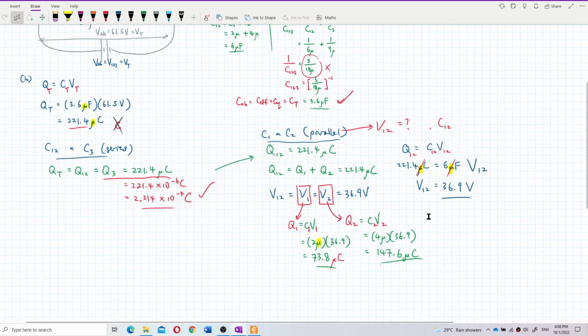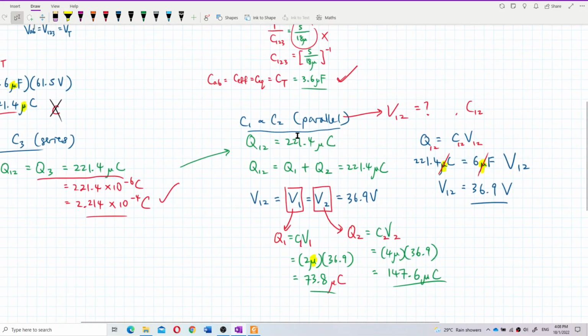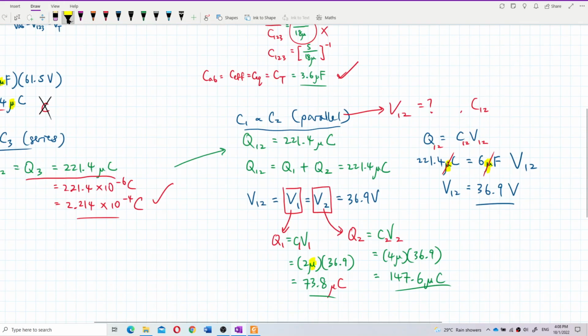Another thing is, just now I did work out this one. You see, Q1 plus Q2 is 221.4 microcoulomb. Is that true? Is Q1 plus Q2 equal to 221.4? Try and add up these two. Do you think you will get 221.4?